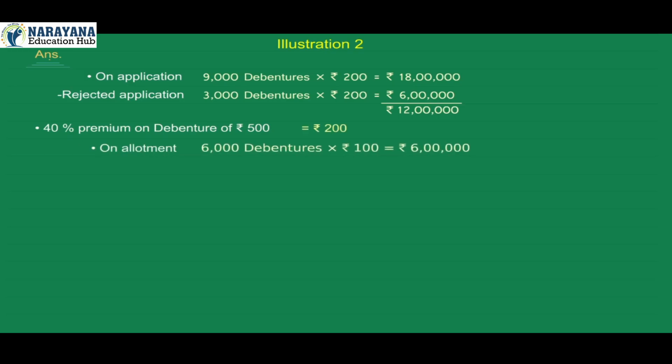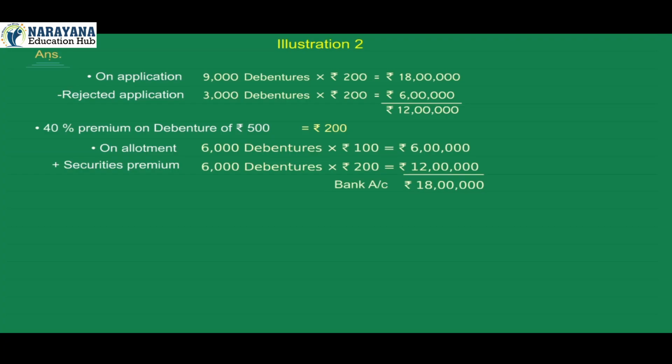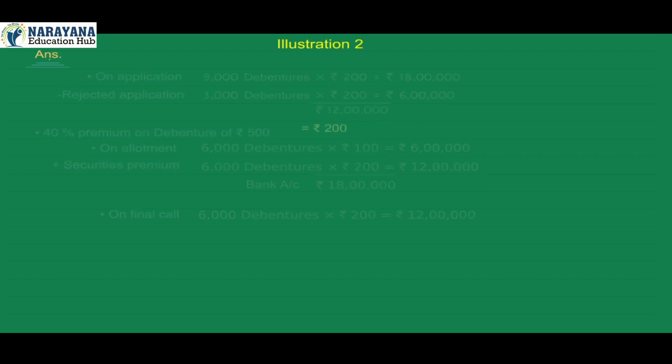On allotment, 6,000 debentures into ₹100 is equal to ₹6 lakh plus securities premium 6,000 debentures into ₹200 is equal to ₹12 lakh. Bank account ₹18 lakh. On final call, 6,000 debentures into ₹200 is equal to ₹12 lakh.